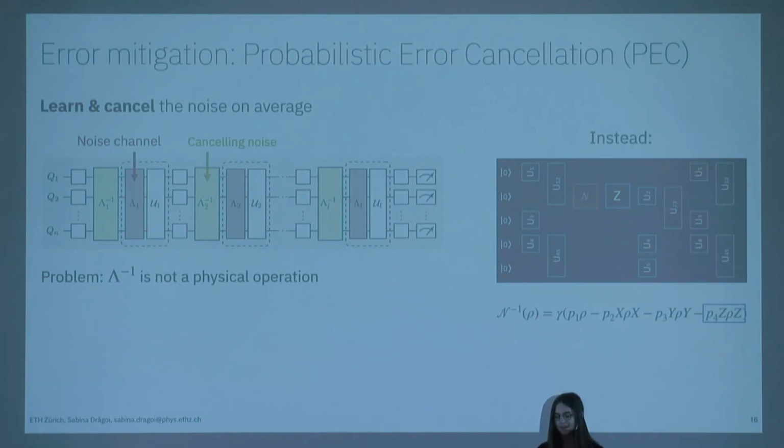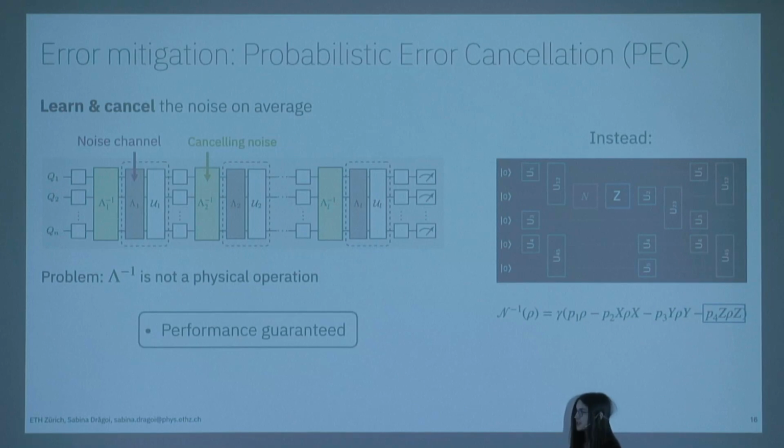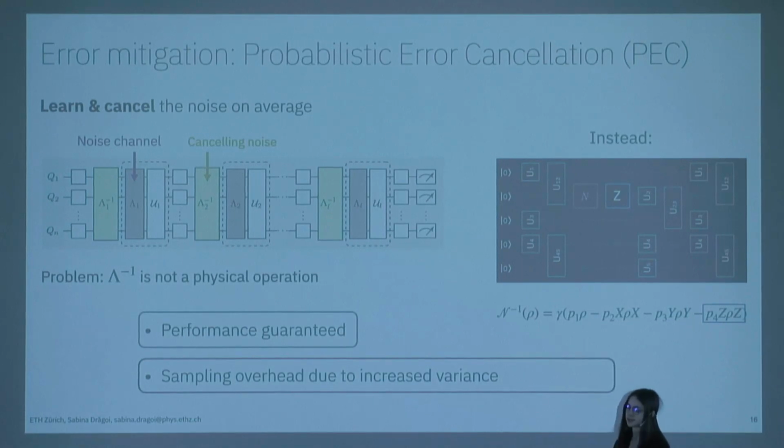I thought it was surprising at first because you're introducing more noise into your system, but there are actually performance guarantees for the final result that you can get. But sadly, it also comes with a sampling overhead at the end, because the more errors you introduce, the noisier your result, the more samples you need to extract something useful.